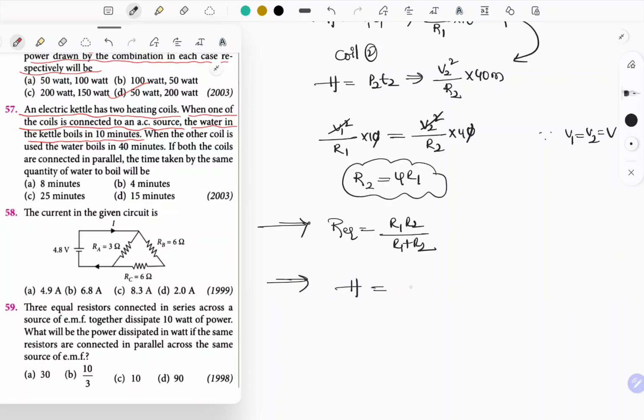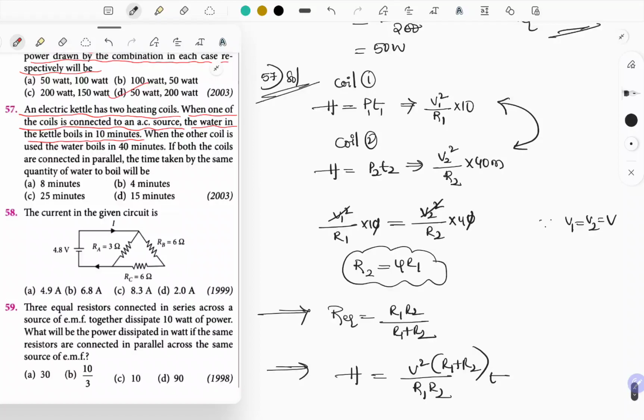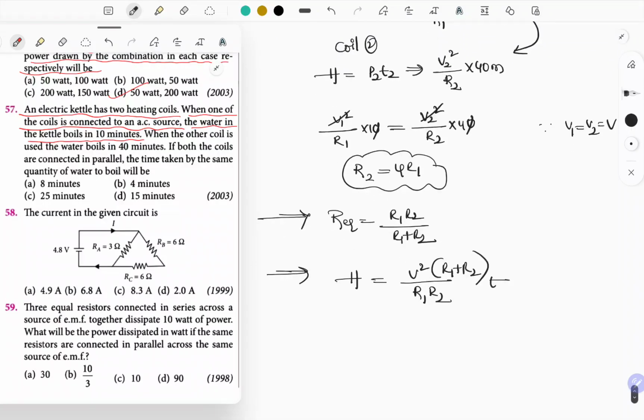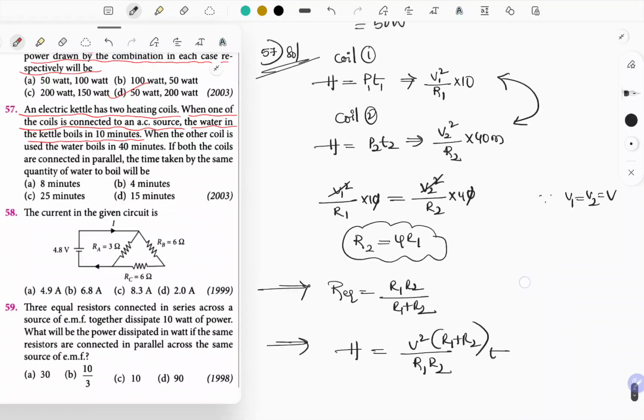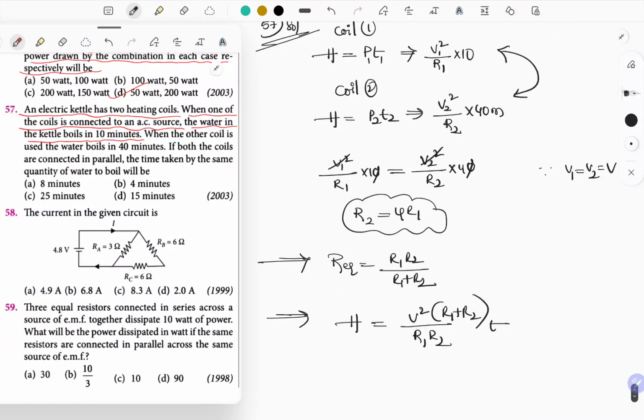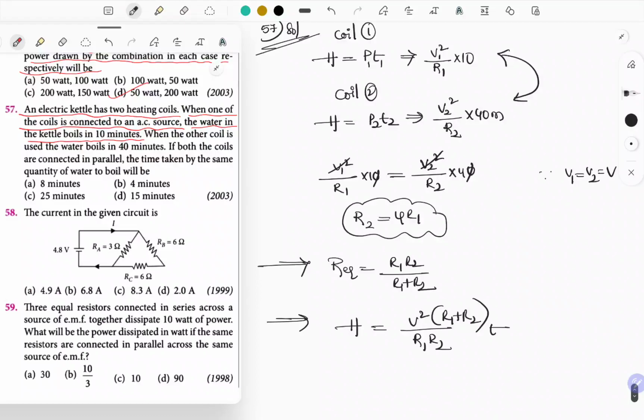So heat again is going to be V square by R equivalent, that is R1 R2 by R1 plus R2, into T. As heat is the same, you can equate with any one of these cases. So let's use equation 2.